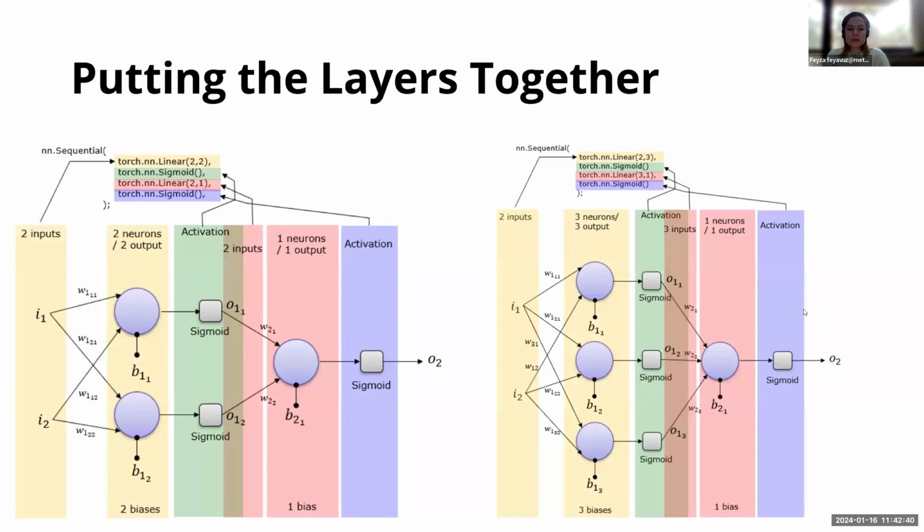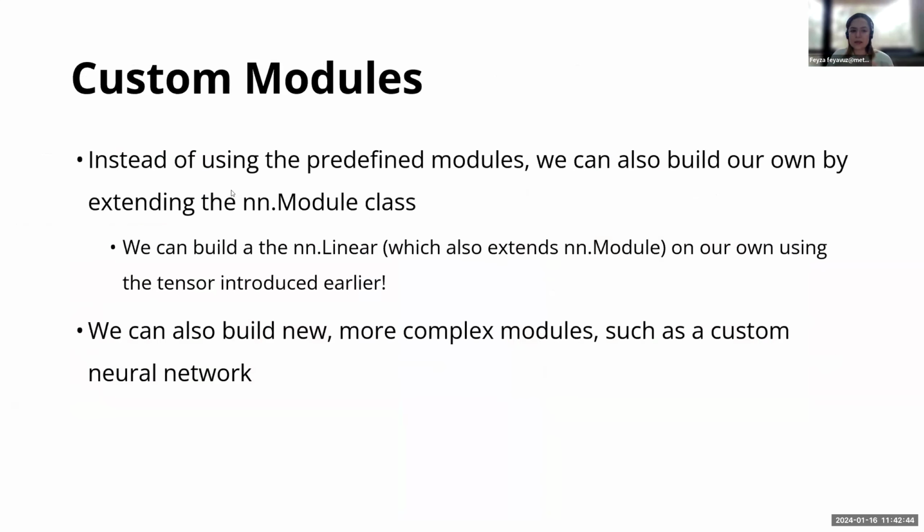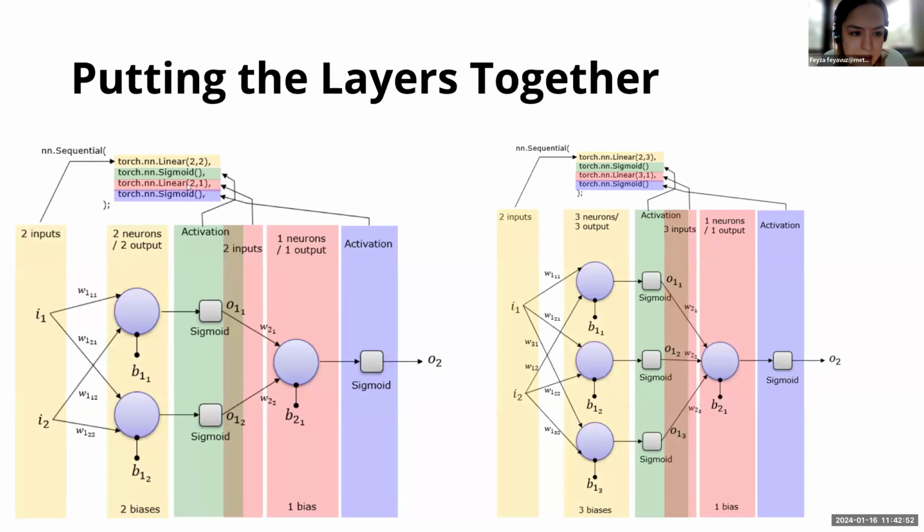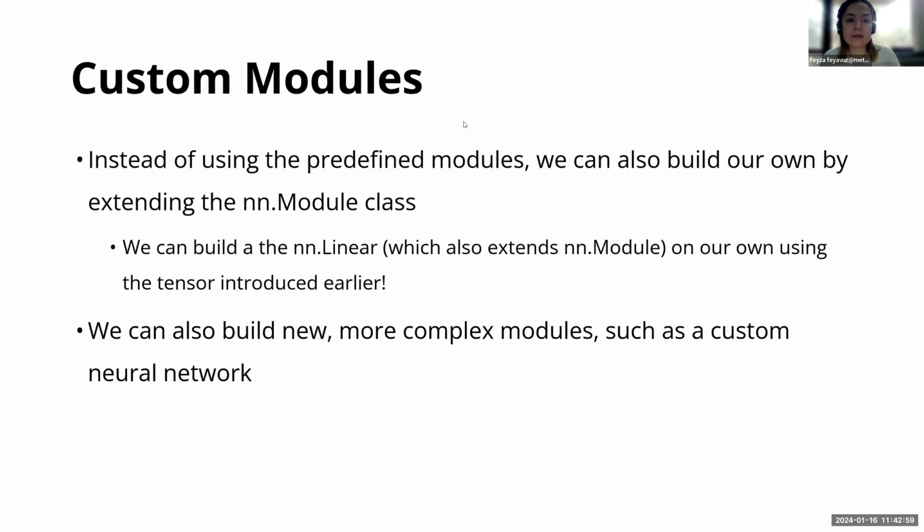So these layers can be called custom layers. We do not have to use these predefined modules such as NN.Linear, NN.Sigmoid, or NN.ReLU. We can define our own linear layers or our own convolutional layers, ReLU, Leaky ReLU.